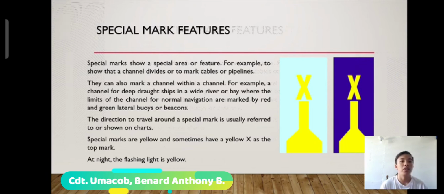The direction to travel around a special mark is usually referred to or shown on the chart. Special marks have a yellow X as the top mark. At night, the flashing light is yellow.